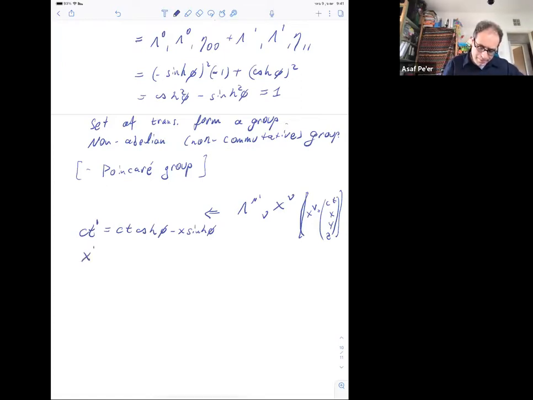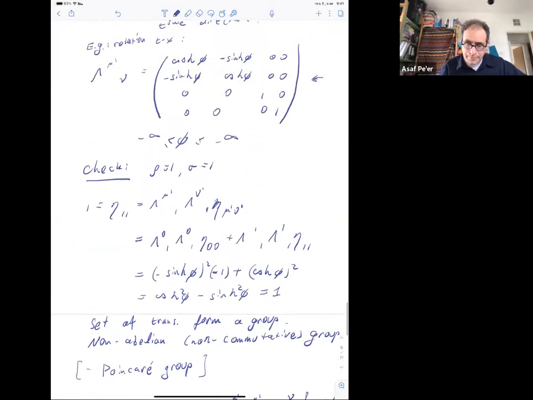And x prime, what is it going to be equal to? This is the matrix.